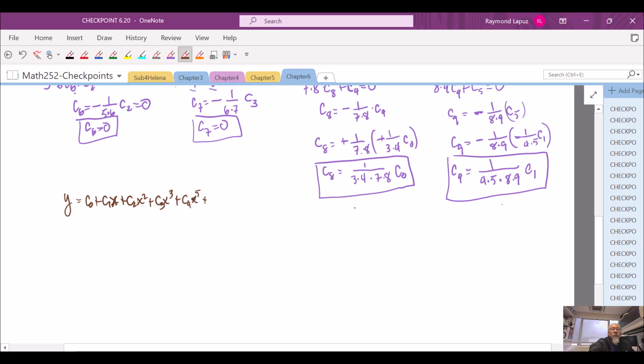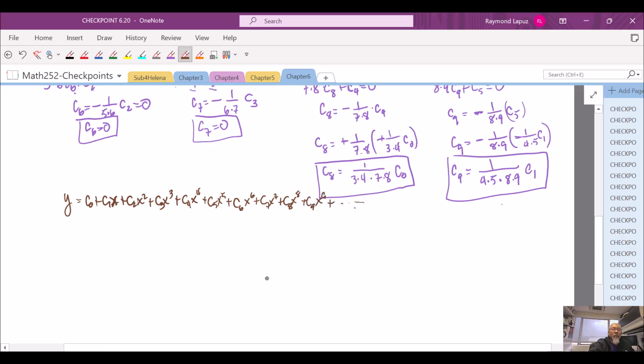I'm sorry, I lost track of the powers here. This should be c sub 4 times x to the fourth plus c sub 5 x to the fifth plus c sub 6. Oops. C sub 6 x to the 6th plus c sub 7 x to the 7th plus c sub 8 x to the 8th plus c sub 9 x to the 9th plus dot dot dot.